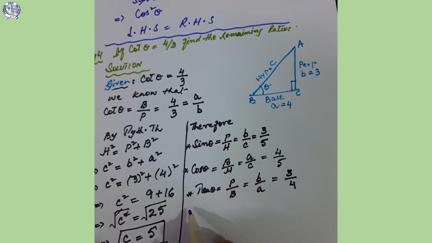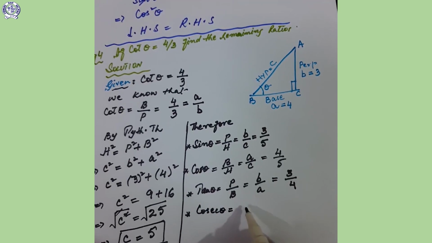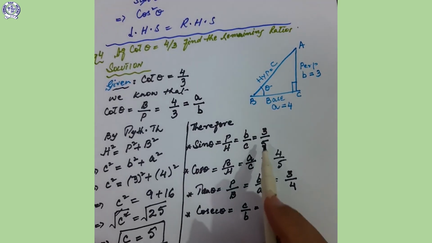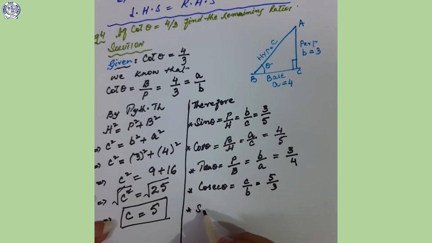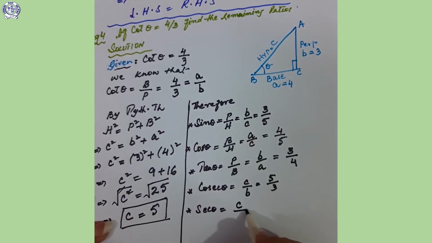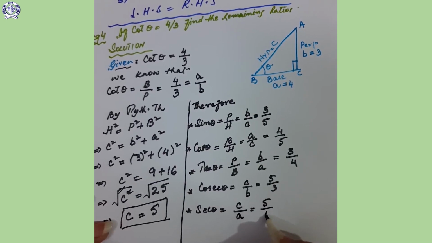Okay, the remaining 3 you will also find. The remaining 3 are the reciprocals. Cosec theta equals C upon B, which is 5 upon 3, the reciprocal of sine. Sec theta equals C upon A, the reciprocal of cos, which is 5 upon 4.